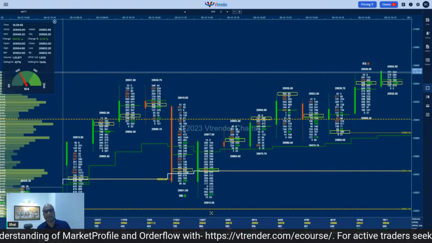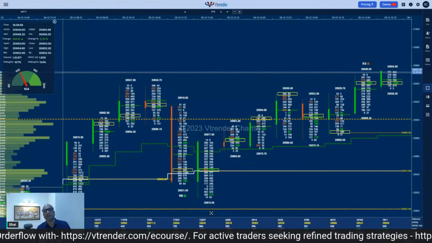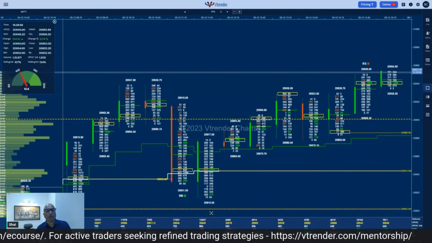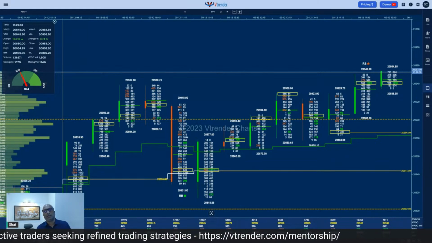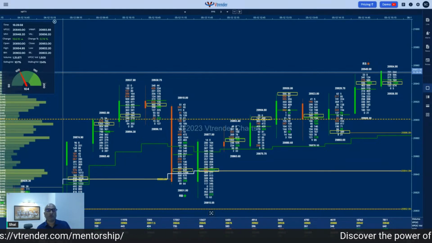If you're the kind of trader looking at an order flow chart for the very first time, your first impression is, how do I make sense of all this? Where is my bar? Where is my candle? And what do I do with all this information staring at me on the screen? I got that impression when I first looked at an order flow chart.